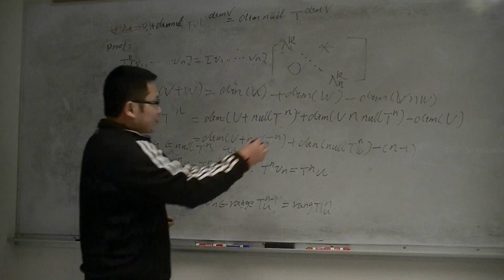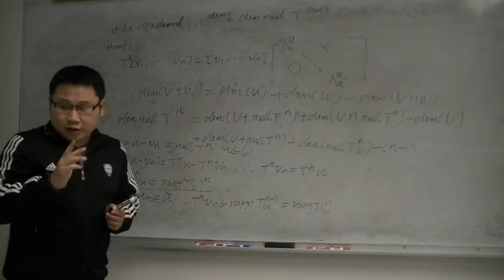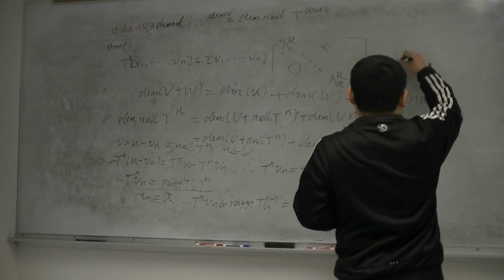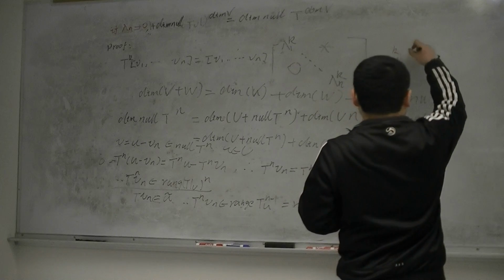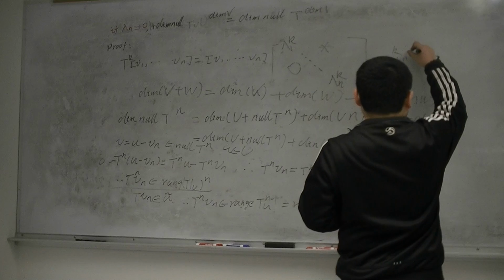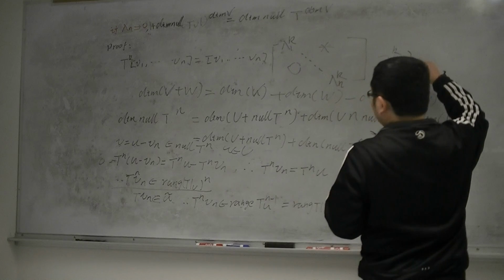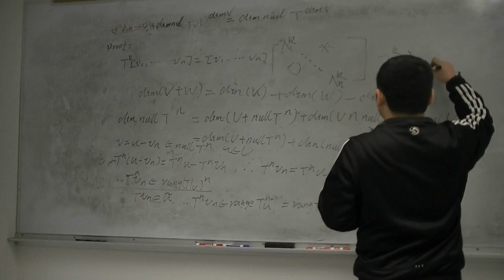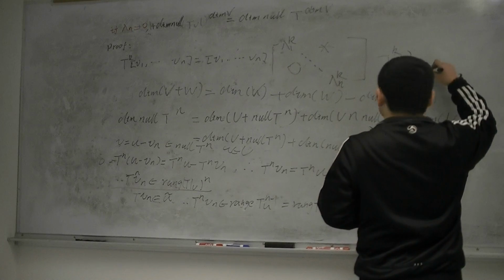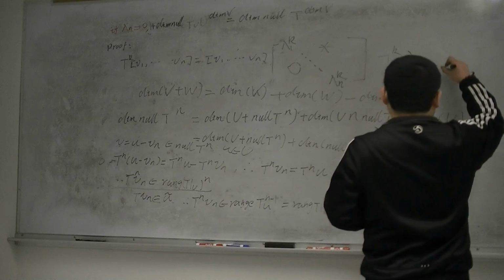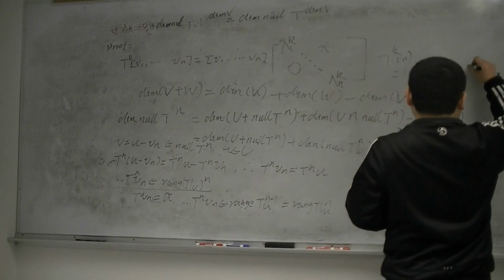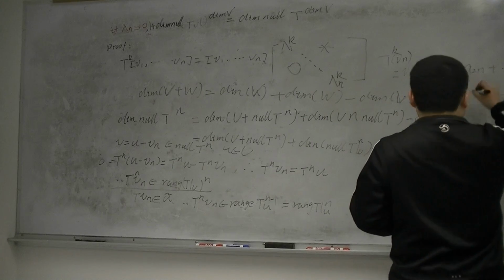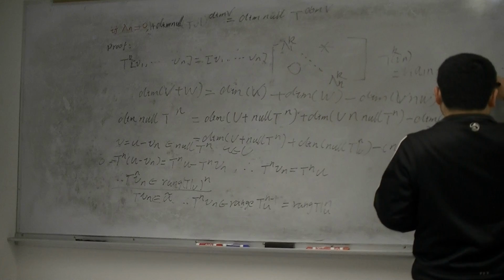That's because lambda n is now 0, which means that Vn is equal to V1 A1n plus V2 A2n and so on.